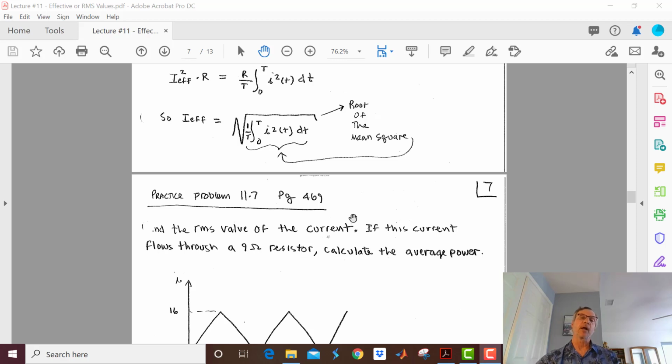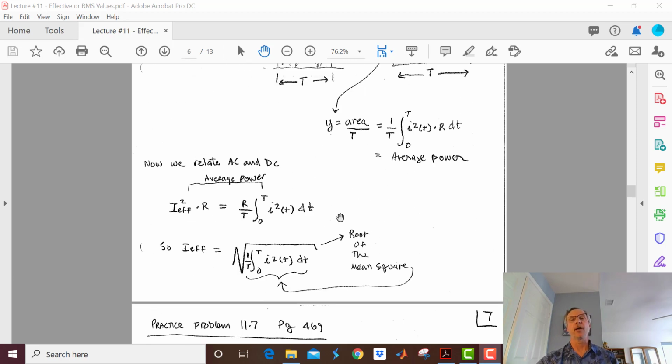In the olden days, when I went to school, meters just averaged. And so if you put some icky waveform, a triangle wave or something like that, through them, you didn't get an RMS value. So meters are a lot smarter now.